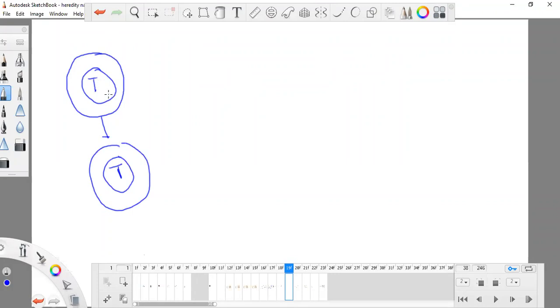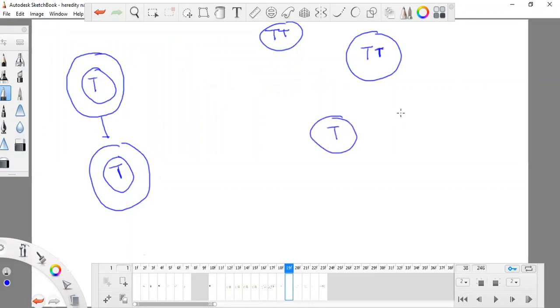Each and every cell of the pea plant, like its leaf and its root and its stem, is made up of TT. That is the regular cell, but the pollen will only have T. That is for pollen. It is a gamete, because it has to fuse with the mother's egg.